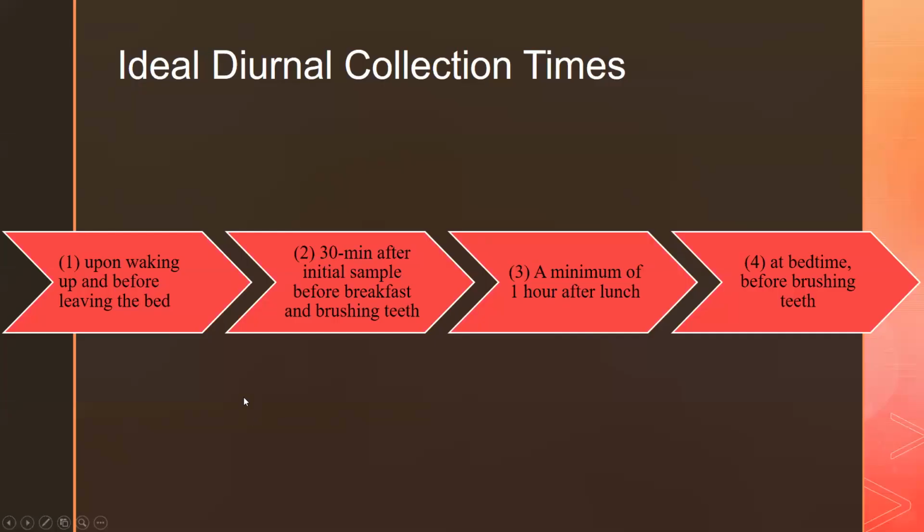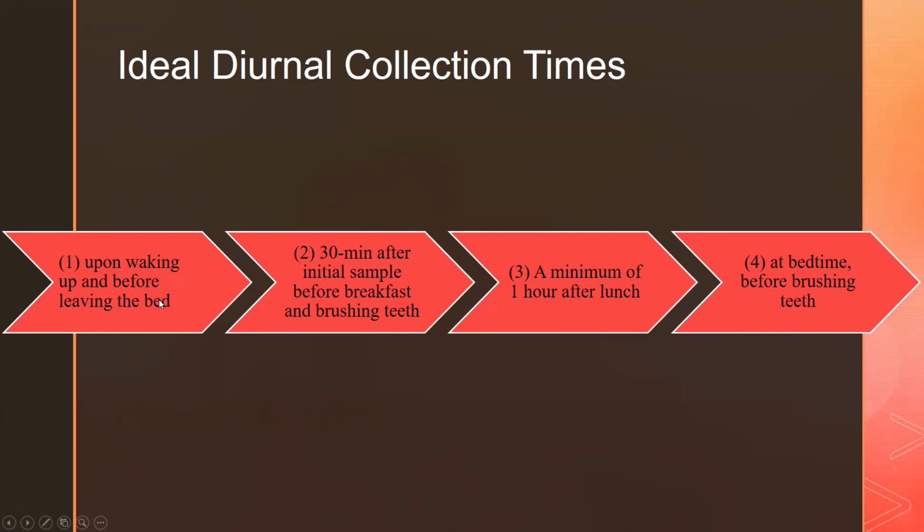But again, you want multiple time points, and you usually want these multiple time points to happen across a few days. So I put a lot of references in the notes for y'all to have. But the rule of thumb is, when looking at diurnal collection times, even though I've seen it with waking and at bedtime, you'll still get a slope.